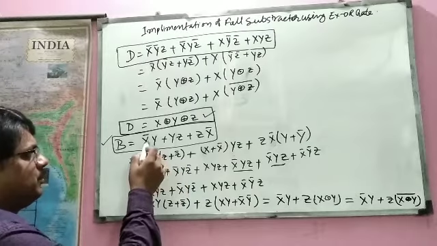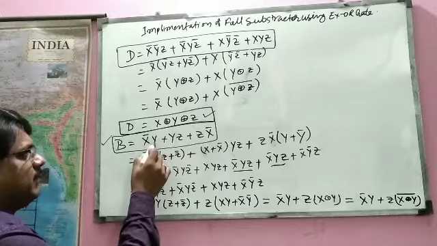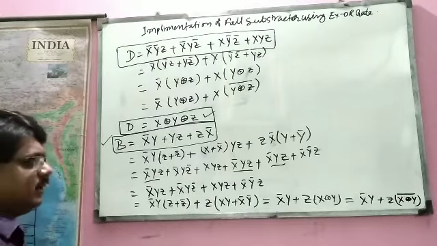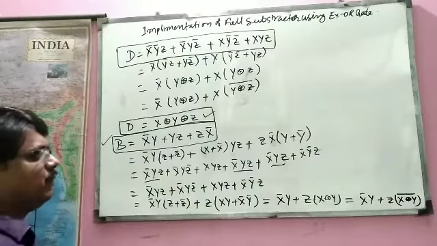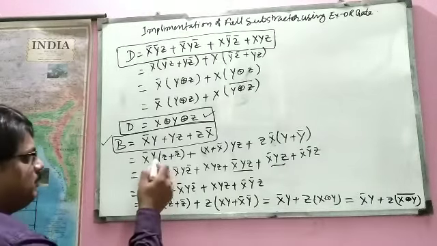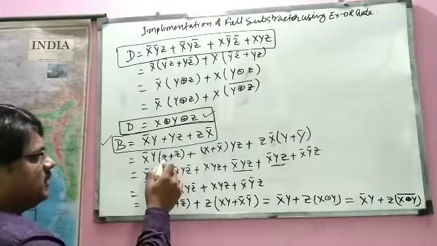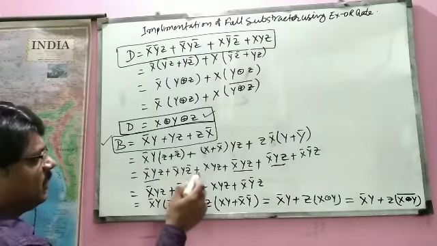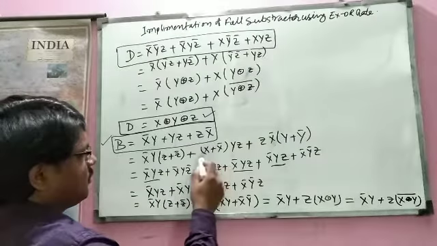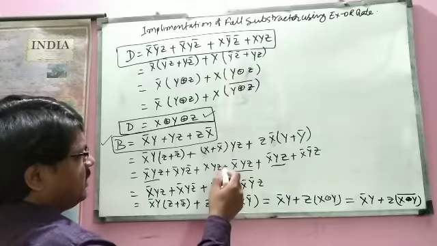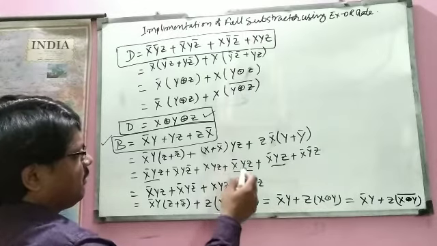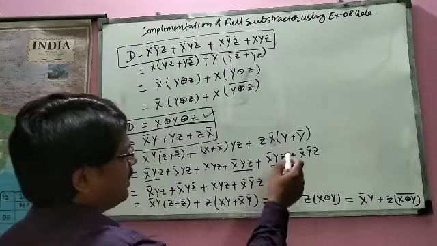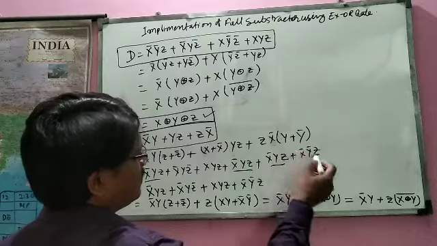So x bar y is multiplied with z plus z bar, to write all these terms in the canonical form. So multiplying, it will be x bar y z bar, and it will be x bar y z, plus x bar y z, and it will be x bar y bar z.